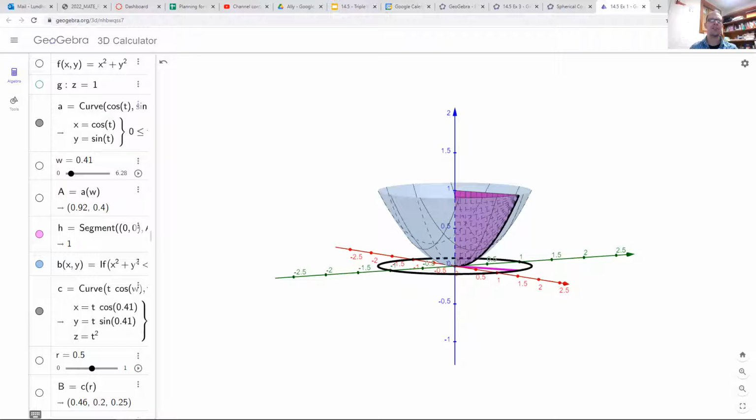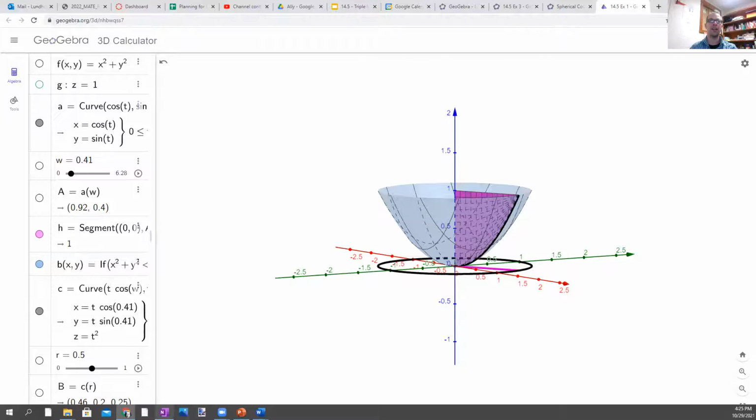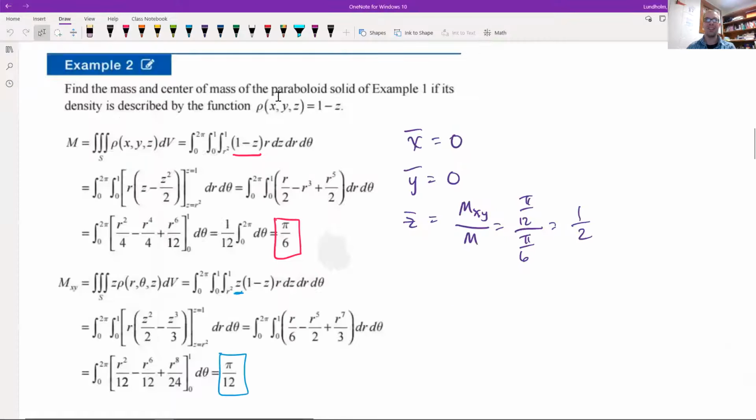We will find the mass and then the center of mass according to that density function. Very conveniently, this density function does not include x or y, meaning that we're not going to have lopsided mass in this object. The paraboloid is already symmetrical about the z-axis, and this density function doesn't change that.